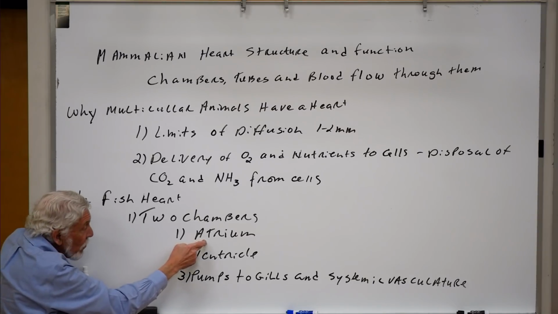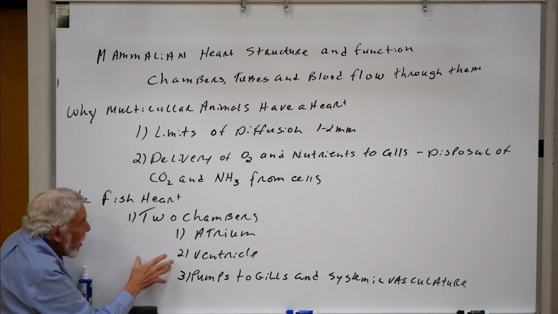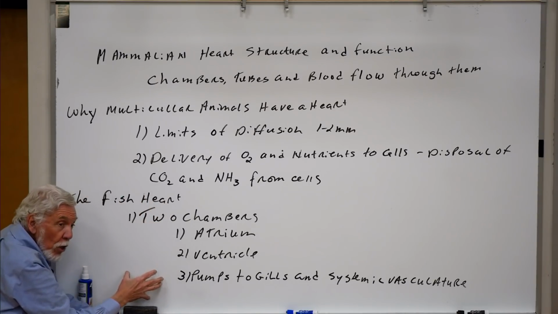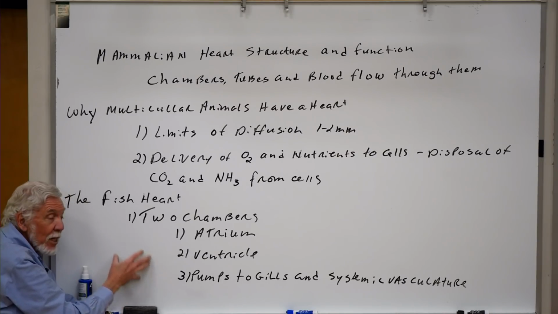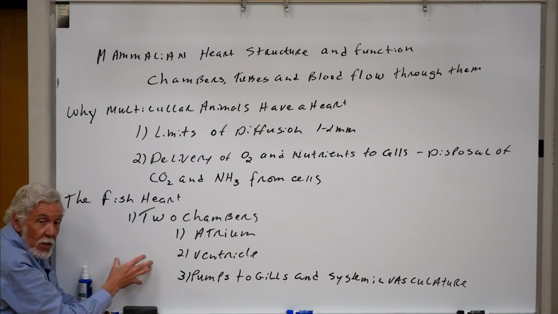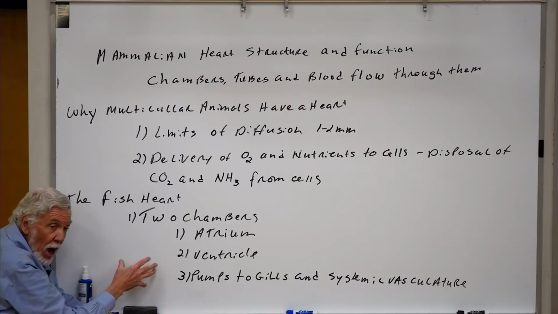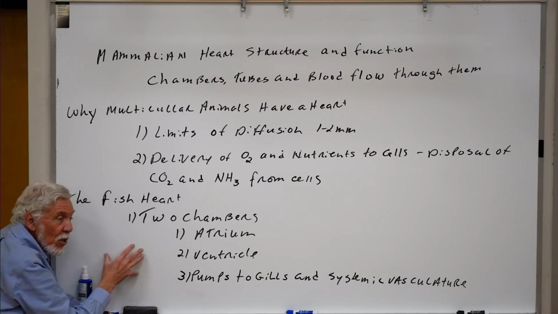The atrium receives the blood, the ventricle then is the pump which moves the blood. But this single heart moves blood first to the oxygenating organ, which is in a fish, a gill, and then the blood moving through the gill is then distributed to the rest of the systemic vasculature. One pump, both for the oxygenating organ and for the rest of the vasculature. That's the case of the fish heart.